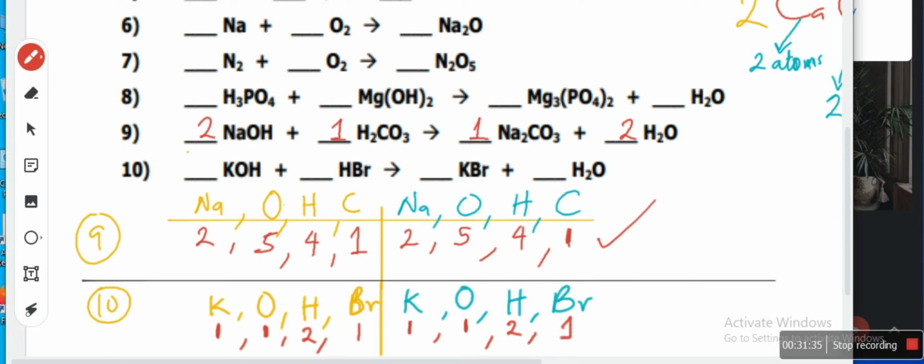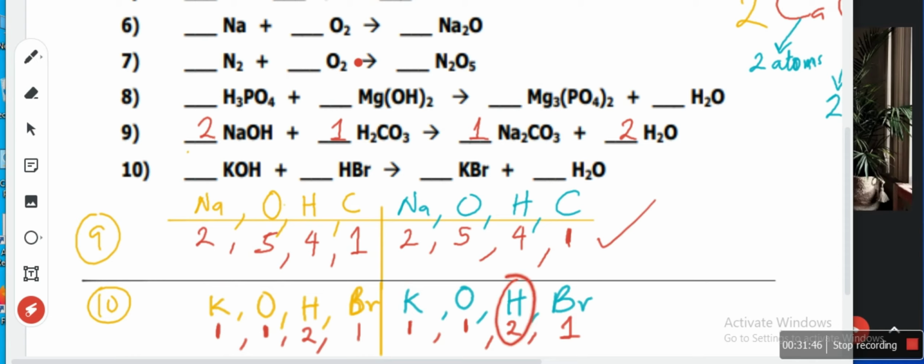So it means bromine is also balanced. Potassium is balanced with both reactant and product. Oxygen is balanced, both reactant and product. Hydrogen is balanced, both reactant and product. Bromine is balanced, both reactant and product. So it is balanced. We don't need to add any number here. It could just be 1, 1, 1, 1, if you like.